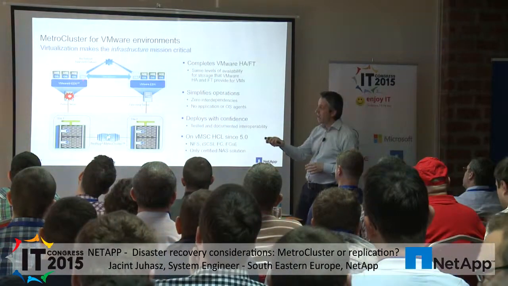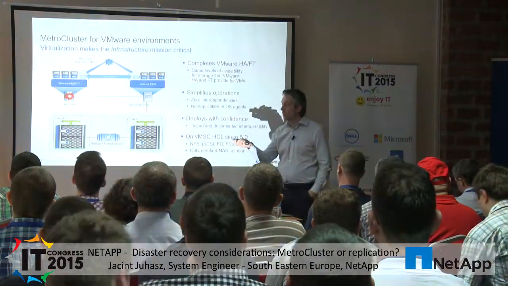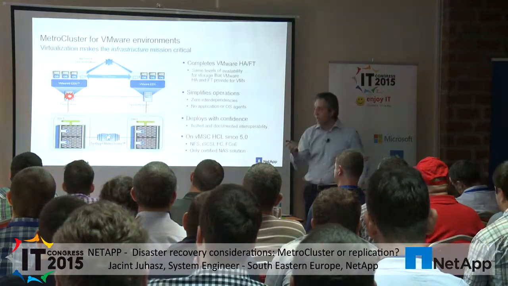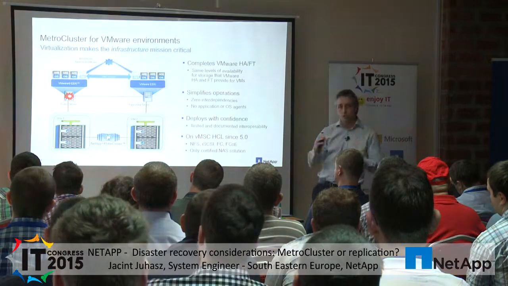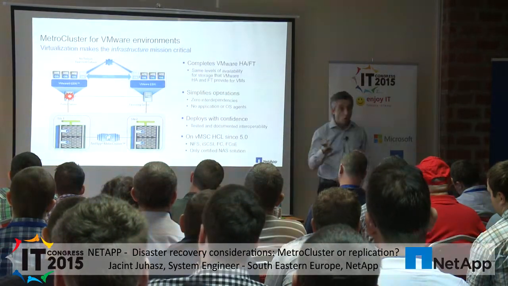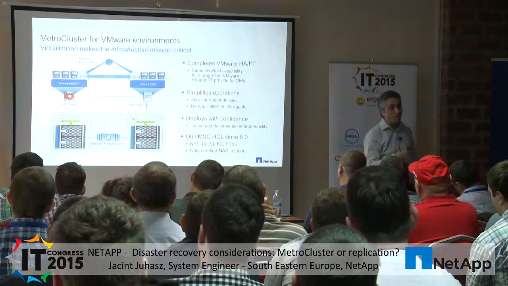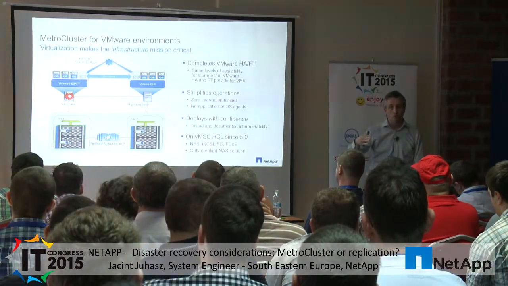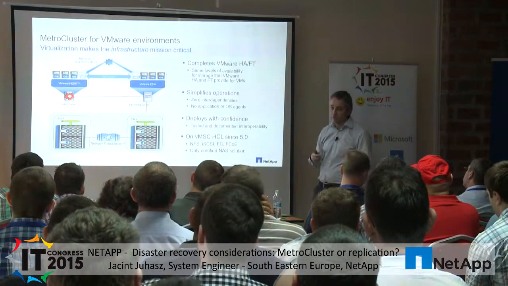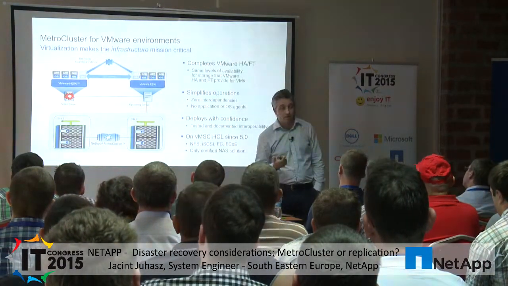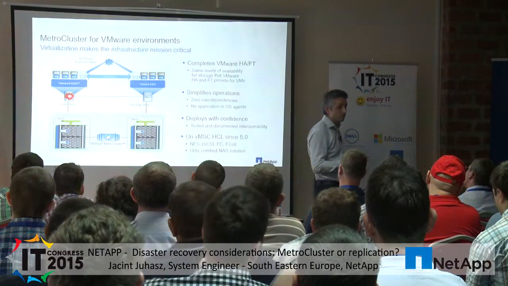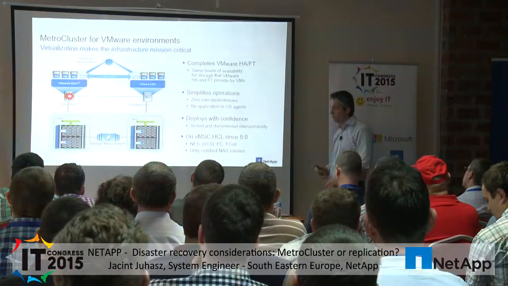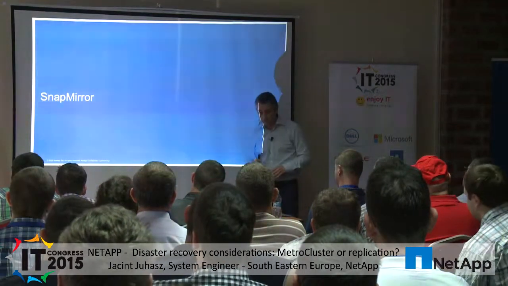That means if you have a server failure, or a complete site failure, you can use VMware HA, and your application and virtual machine will restart on the other side, or you can even use VMware Fault Tolerance, so the application can continue to run on the secondary side. And with vSphere 6, Fault Tolerance is not a joke anymore. You can have multiple vCPUs, and a much broader configuration than you used to have. So let's see SnapMirror.